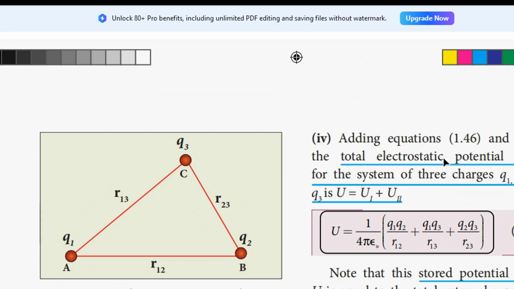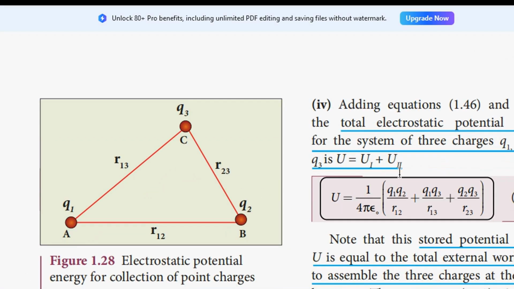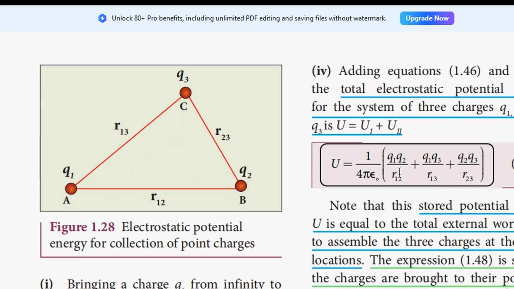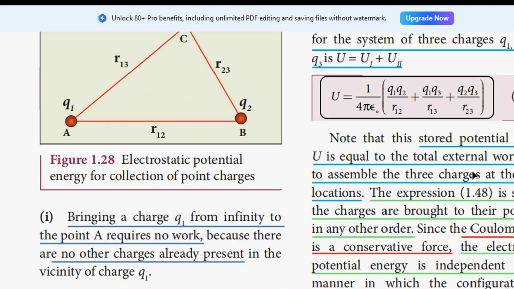And the fourth one is, if you add the equations 1.46 and 1.47, the total electrostatic potential energy for the system of three charges, Q1, Q2, and Q3, is given by U equal to U1 plus U2. So we get this equation 1.48, and we note that this stored potential energy U is equal to the total external work done to assemble the three charges at the given locations.